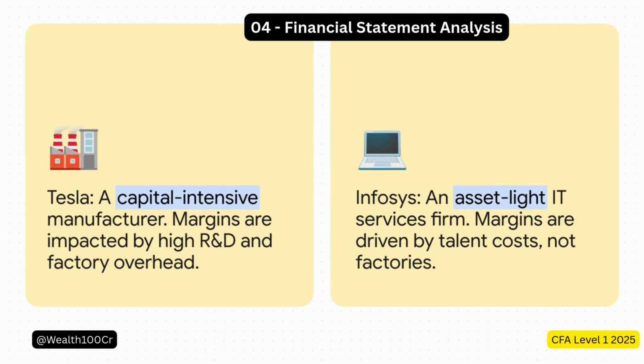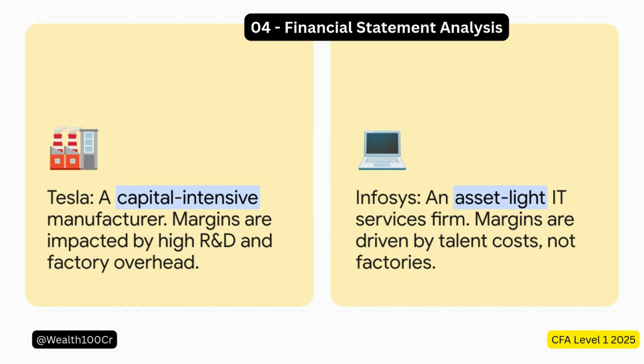Margins are dictated by the business model. Let's take a capital-intensive manufacturer like Tesla in the US. They have these enormous costs tied up in giant factories, raw materials, and massive R&D budgets, which naturally puts a lot of pressure on their operating margins. Now compare that to an asset-light IT services firm like Infosys in India.